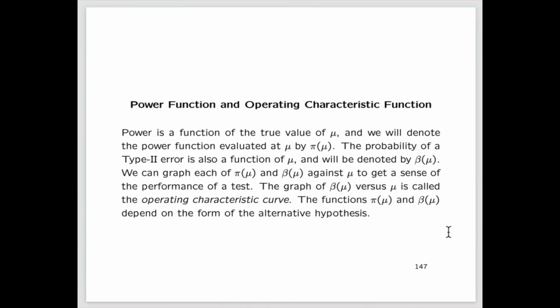Power and beta are not fixed constants. Power is a function of several quantities. In particular, power depends on the true value of the population mean.